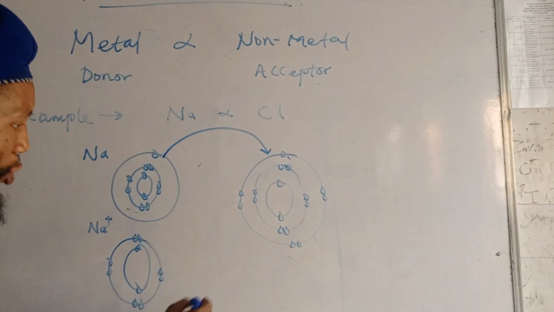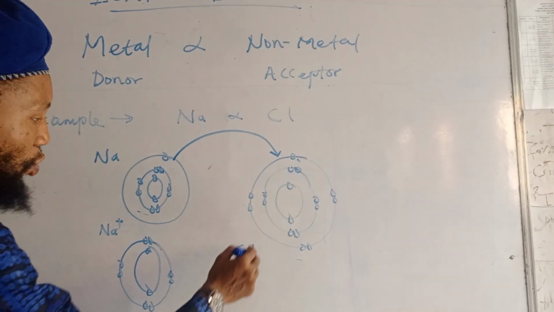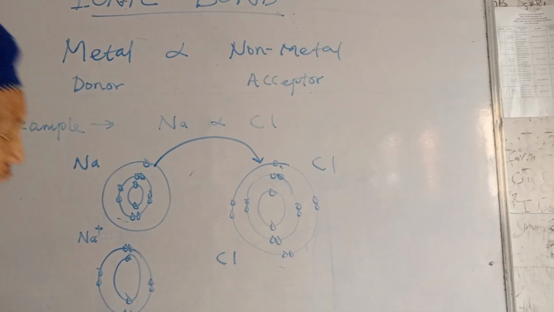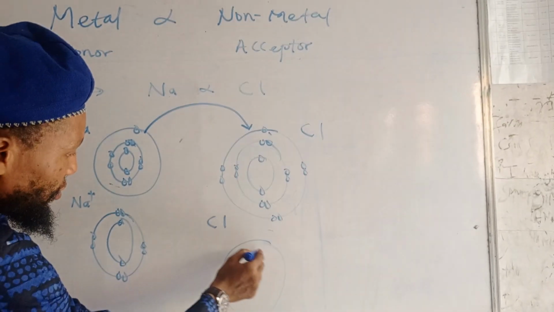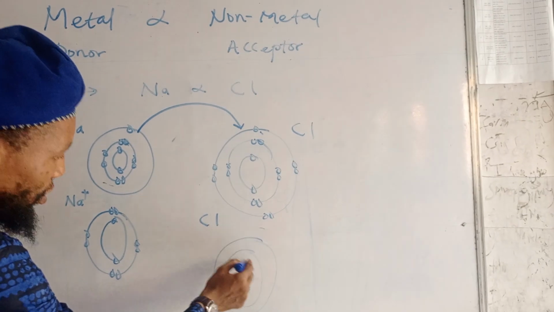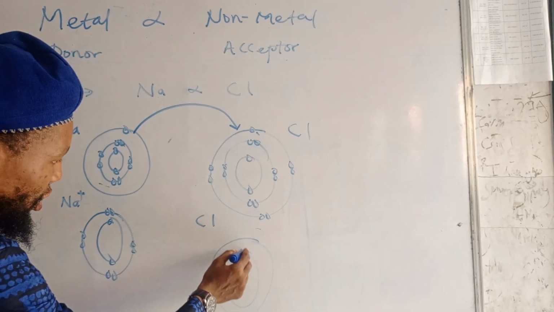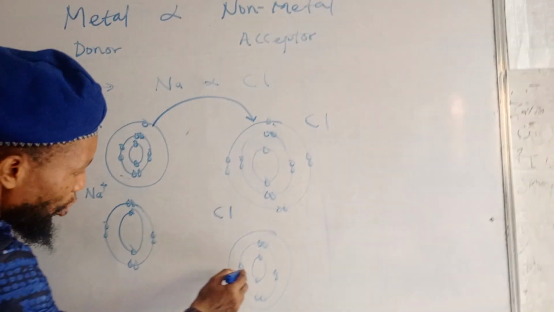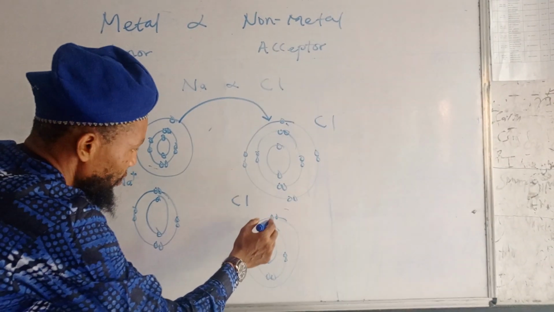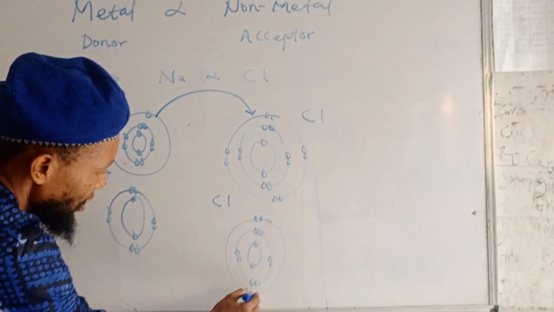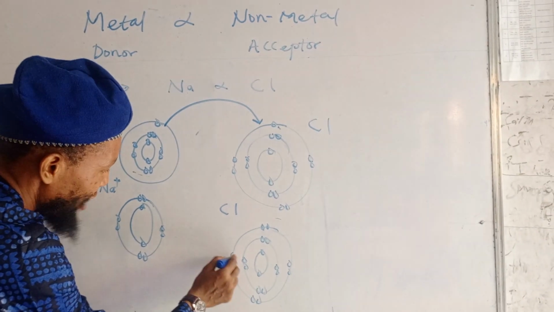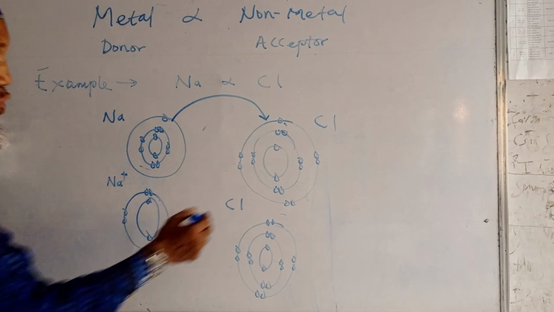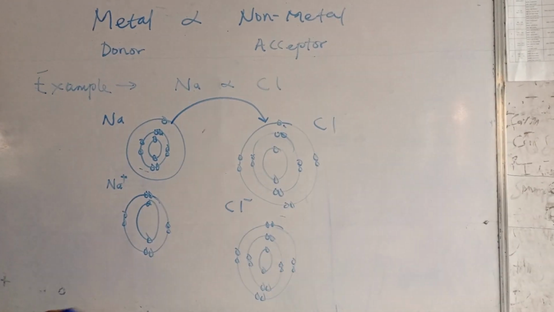While the atom of chlorine, which was initially neutral, after accepting an electron, the charge will also change. It has more electron than it had before, so it will become negatively charged.